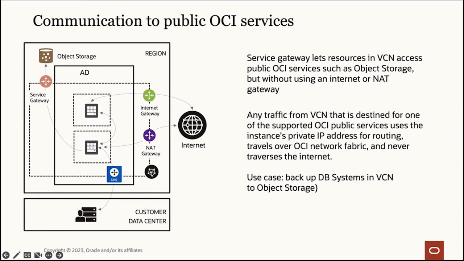One great use case for the service gateway is if you need to back up database systems to your object storage bucket, but of course, you have sensitive data and you don't want any of that to go over the internet. So keeping it private on the Oracle backbone will be key, and using the service gateway will allow you to keep it away from the internet.